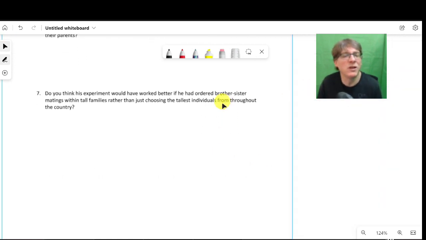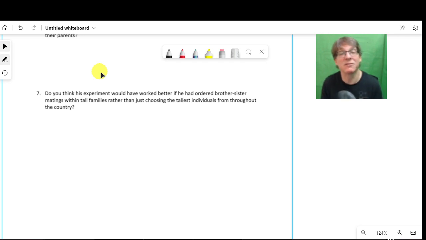And then would this have worked if he had brother-sister matings? Lots of ethical issues with that, but if that were the case, yes, this would probably have resulted in a better outcome, in the sense that he would have obtained taller guards.